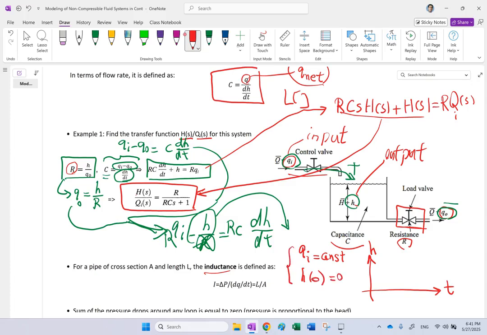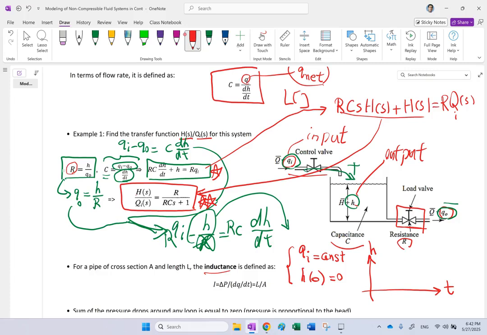You open this valve and let in a constant flow rate. We want to know how H changes versus time. Well, all I need to look at is either this equation or one of these two, right?